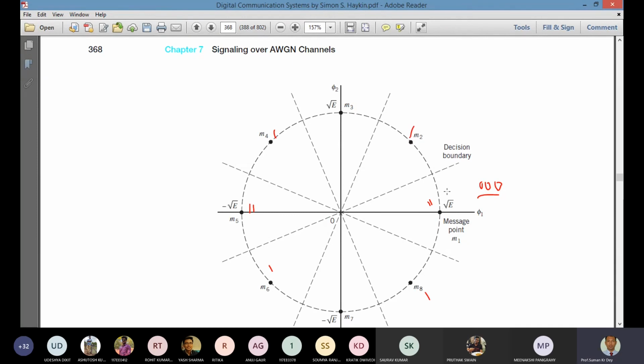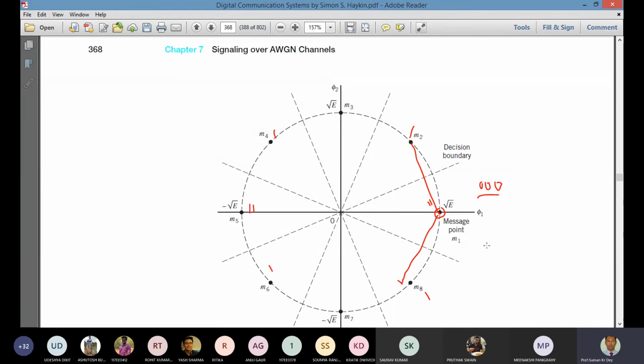And what should be the distance between these two points? Suppose we have that position. If you want to calculate the distance from this point to this point, what should be the value?